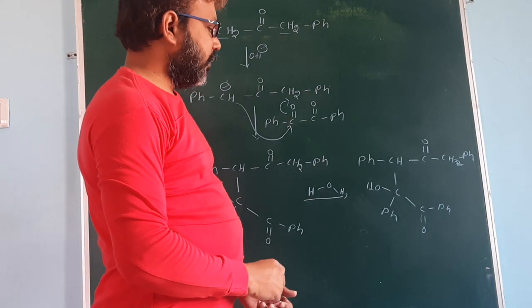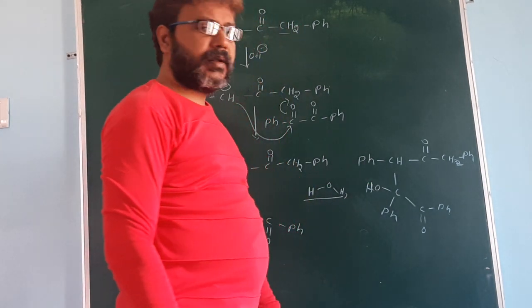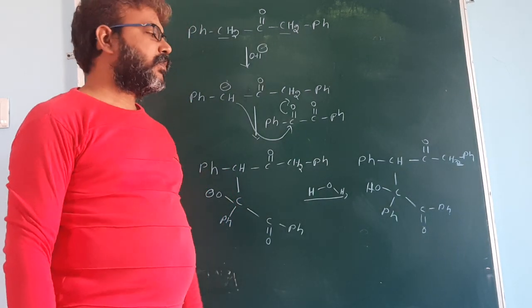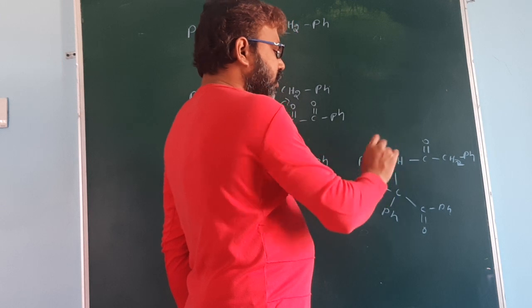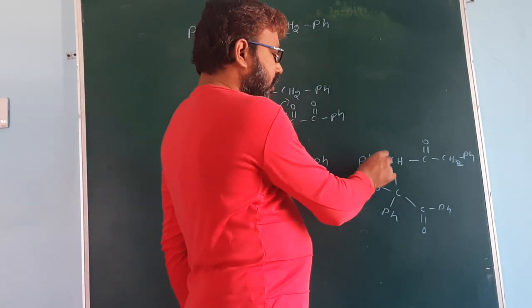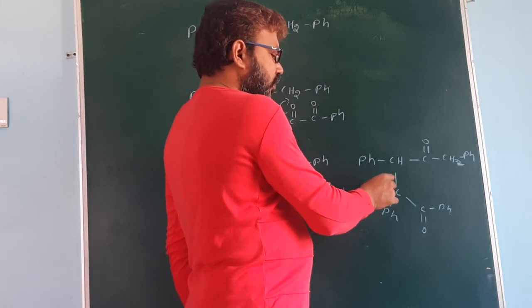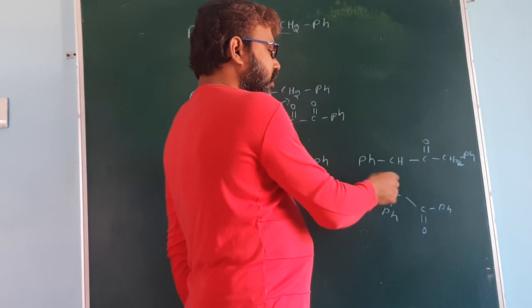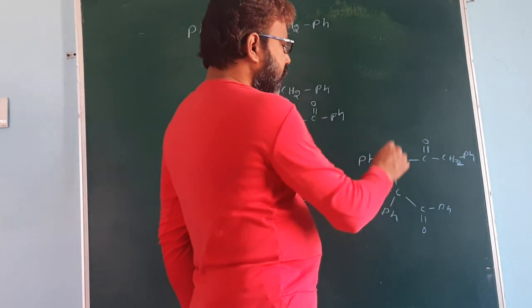So on heating, there is loss of a water molecule. Maybe in this reaction there is no need of temperature, because when it loses a water molecule, it is stabilized by long conjugation. It has a phenyl group, so it is stabilized by resonance. When it loses a water molecule, it is stabilized by a more conjugated structure.